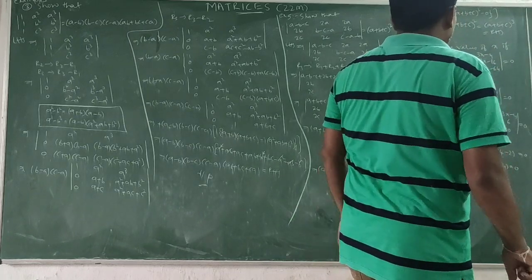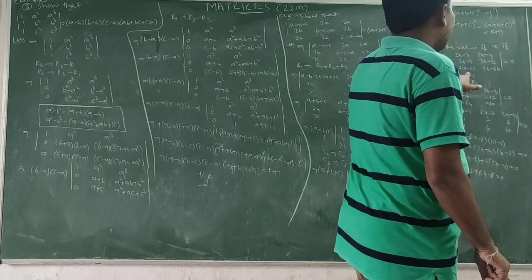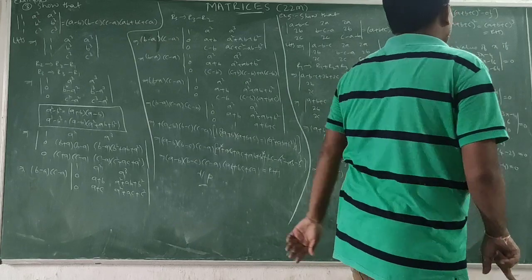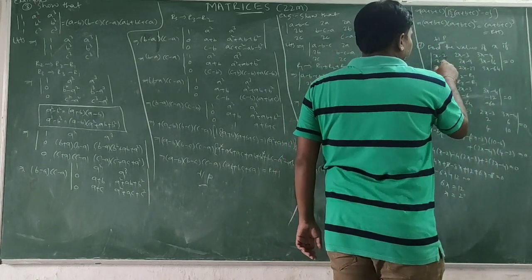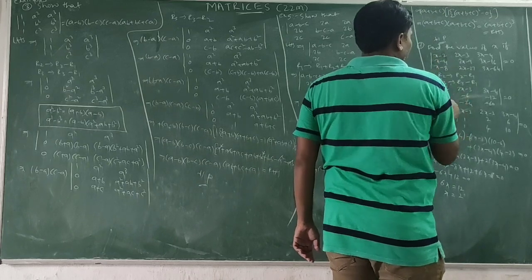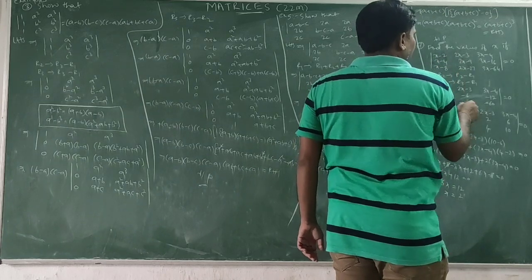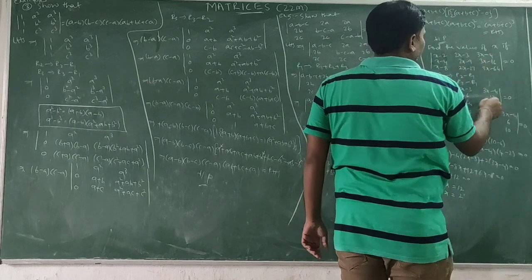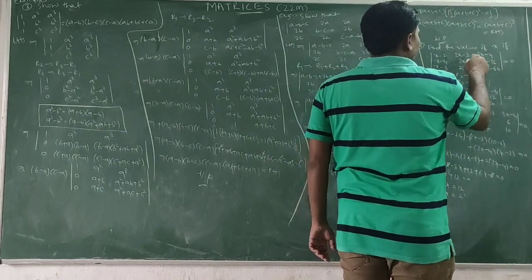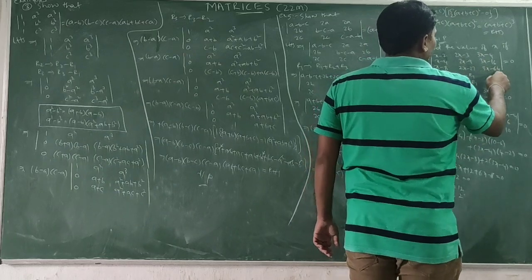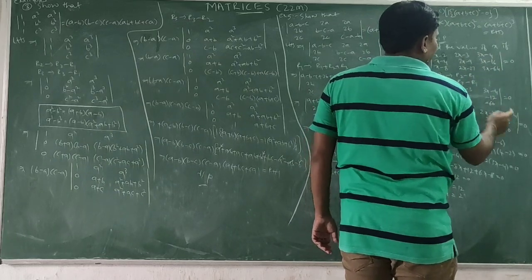Okay, now R2 changes to R2 minus R1, R3 changes to R3 minus R1. So subtracting, minus 4 plus 2 is minus 2, minus 9 plus 3 is minus 6, minus 16 plus 4 is minus 12. Next, minus 8 plus 2 is minus 6, minus 27 plus 3 is minus 24, minus 64 plus 4 is minus 60.